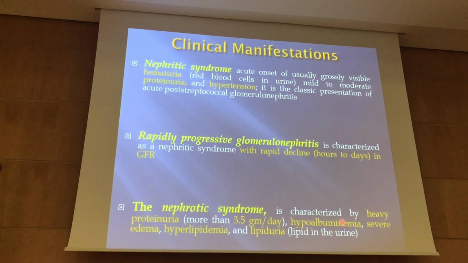Hyperlipidemia: to compensate for the oncotic pressure, the body starts making more and more lipid. And then finally lipiduria, because if there is an increase in the lipid level, lipid can come into the urine. So 5 things here: heavy proteinuria more than 3.5 grams, hypoalbuminemia, severe pitting edema, hyperlipidemia, and lipiduria. 5 important.